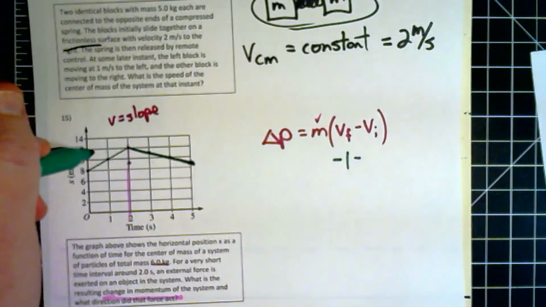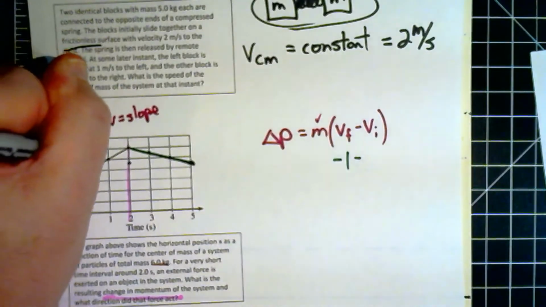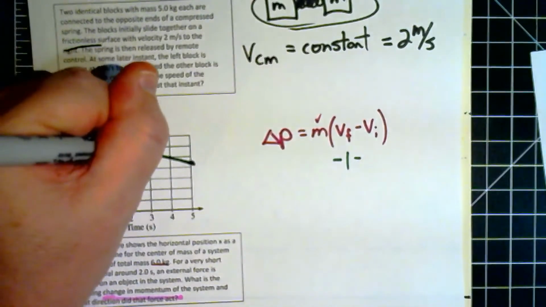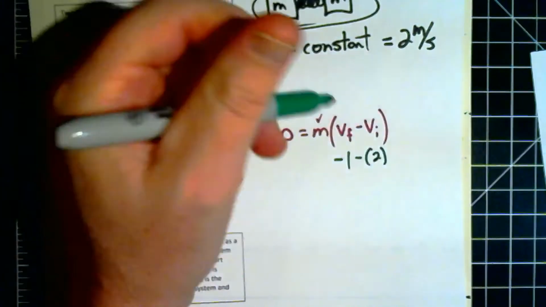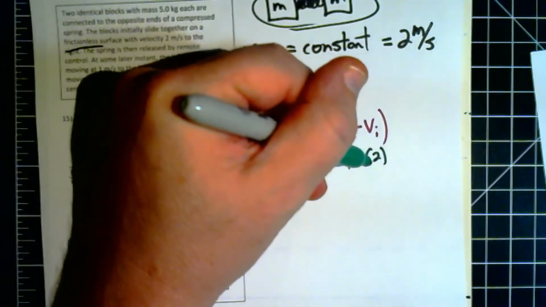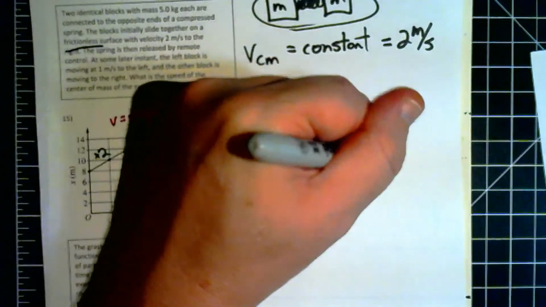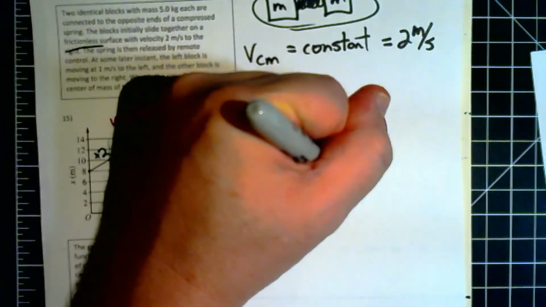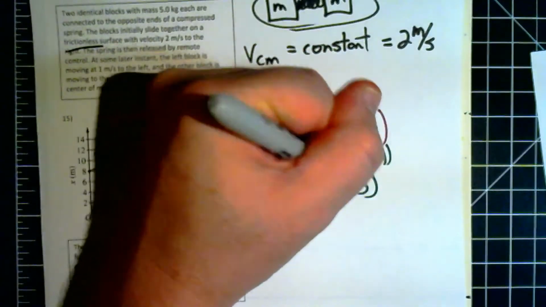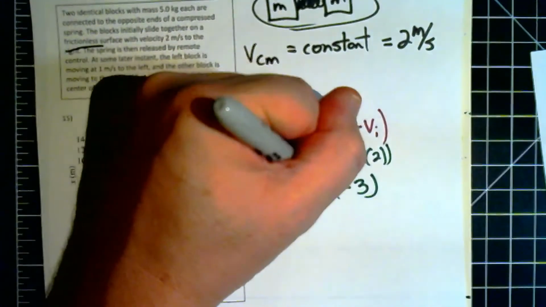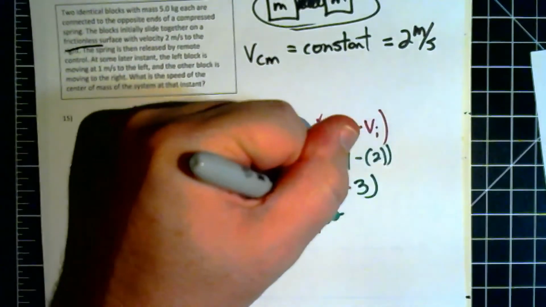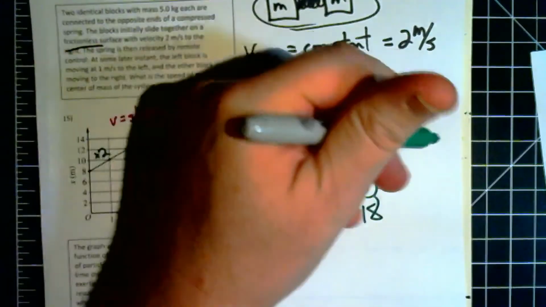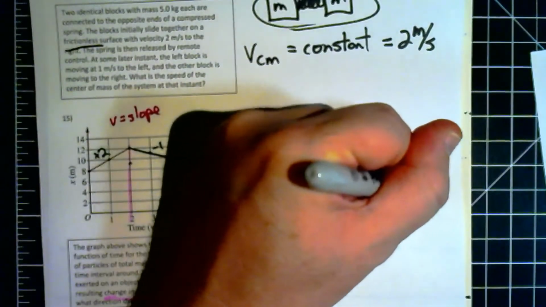So that's a slope of +2. +2 here, this was -1. So -1 minus 2 is -3, times our mass, which is 6 kilograms. And so our change of momentum is equal to -18 kilogram meters per second.